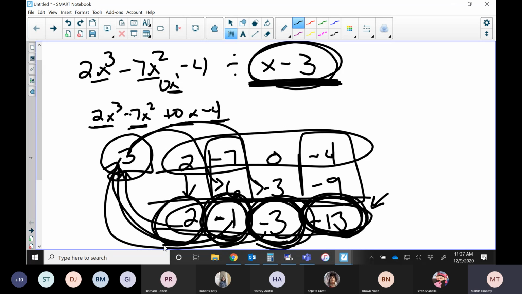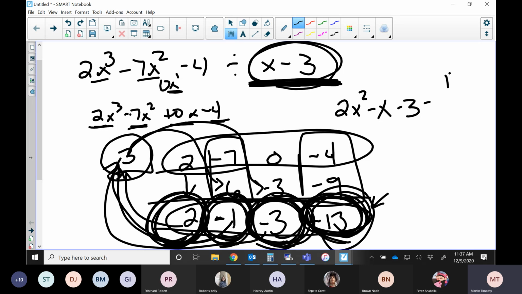No one? Okay. This is the x to the second power. You're just walking your way backwards. So remainder, constant, x to the first, x to the second. So my answer would be 2x squared minus x minus 3 minus, since this is the remainder, you put it over what you were dividing by, just like we did with long division.